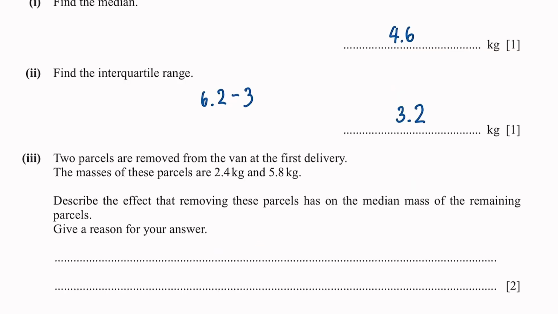Two parcels are removed from the van at the first delivery. The mass of these parcels are 2.4 kilograms and 5.8 kilograms. Describe the effect that removing these parcels has on the median mass of the remaining parcels. Give a reason for your answer. So, my answer is the median is still the same.